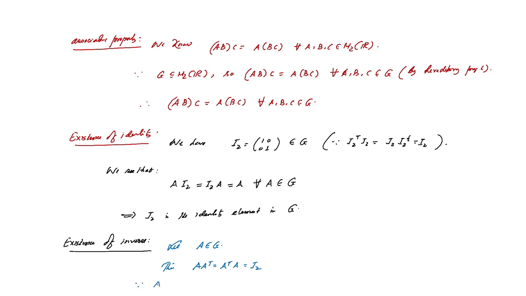Now since A transpose A equals identity, taking the determinant on both sides, the determinant of A will be plus or minus 1, which means the determinant of A is non-zero. And that implies A inverse exists.